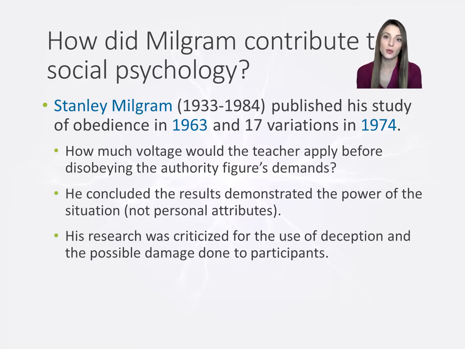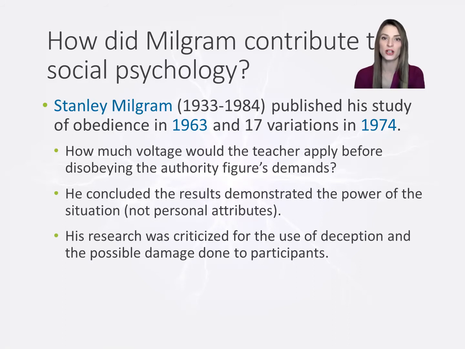Milgram had what he thought was a better way of studying what he called obedience. He published the results of the initial study in 1963 and then conducted 17 more studies, which he published in a book in 1974. 18 studies in total.